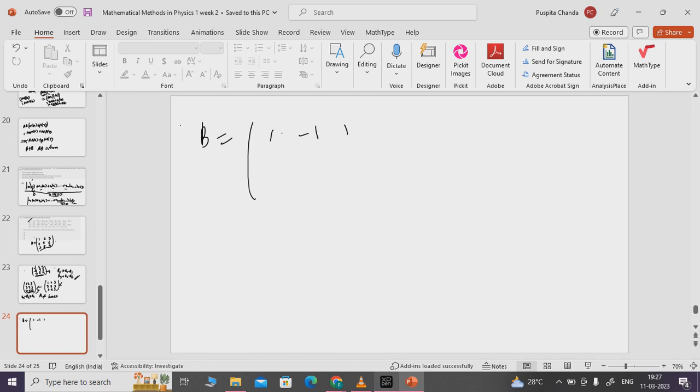So here, for the matrix 1 -1 1, 1 1 -1, -1 1 1, just take the determinant.